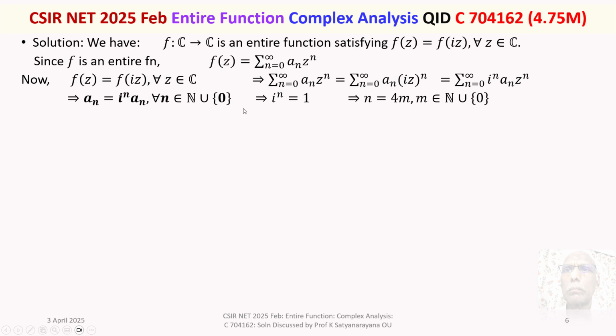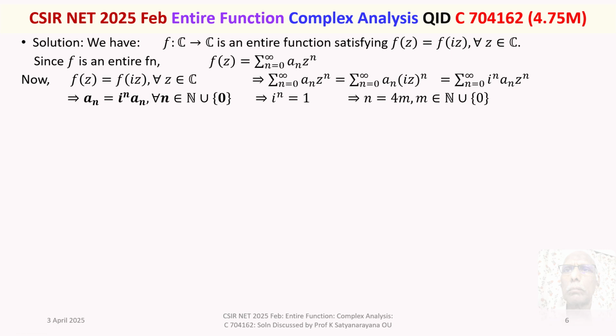And this will imply i power n is equal to 1. When i power n is 1, and you can see i power 4 is 1, i power 8 is 1, and so on and so forth, and this will imply n is equal to 4m for all m belongs to N union singleton 0.